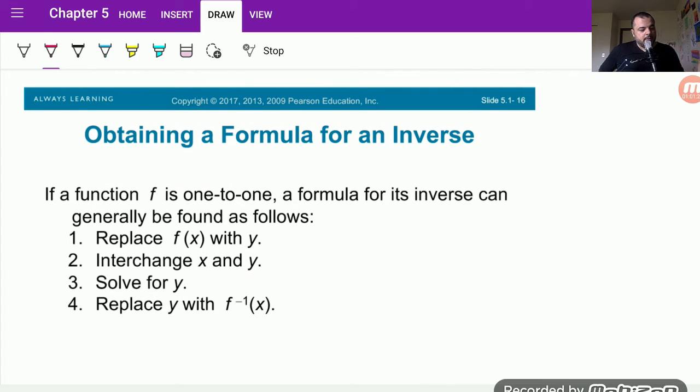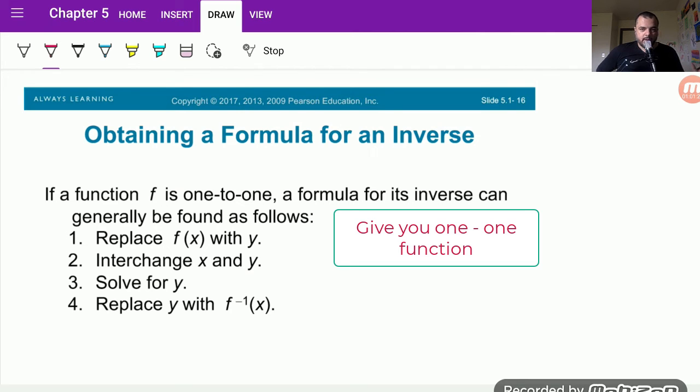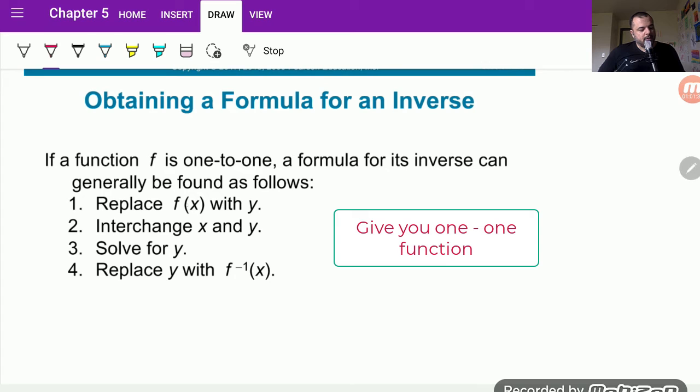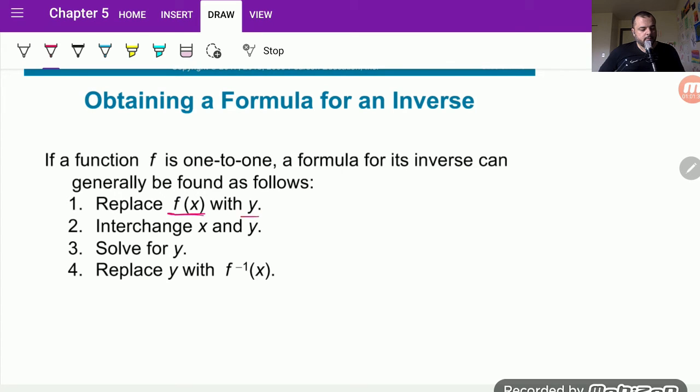Okay, next, how to obtain the formula for the inverse. I give you a function, then I'm asking you to find the inverse of this function. First of all, you replace f of x with y. Then we interchange x and y.